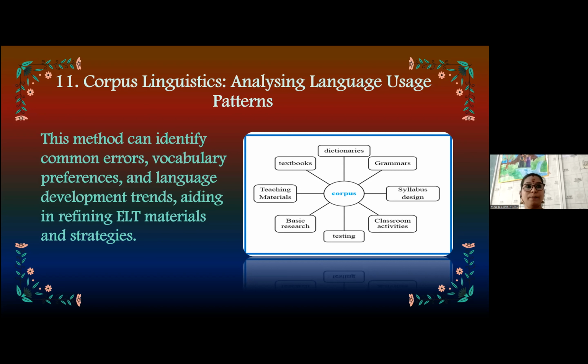How that word, right, used in various purposes, in various fields, in various occasions, and how that word used in the last decade, and how it can be used. These things can be studied using the corpus linguistic.